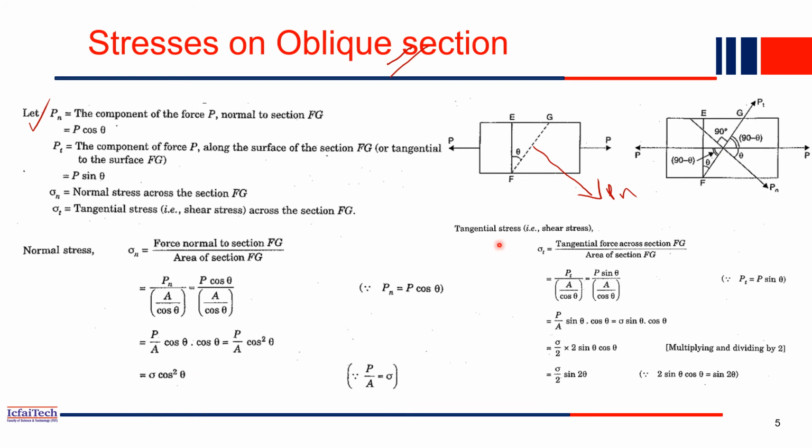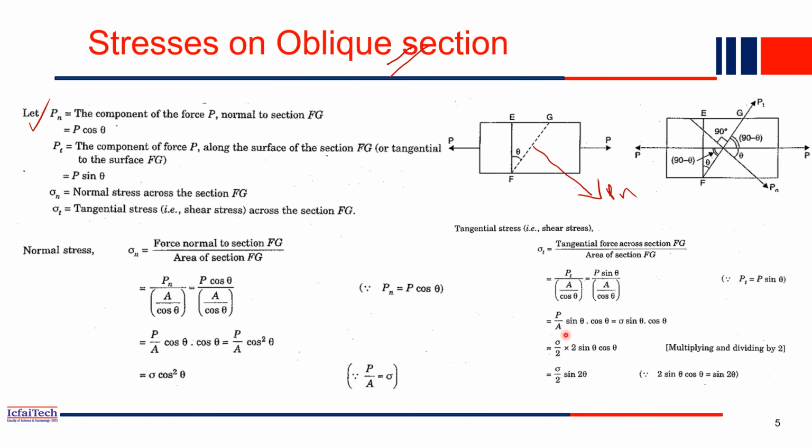Now similarly, if you want to find out the tangential stress in this oblique plane, what is the shear force or the tangential force by the area? So how much is the tangential force? Pt is basically P sine theta. This is the original P component, so its inclined component is P sine theta. So the tangential stress will be P sine theta by the cross-sectional area, A by cos theta.